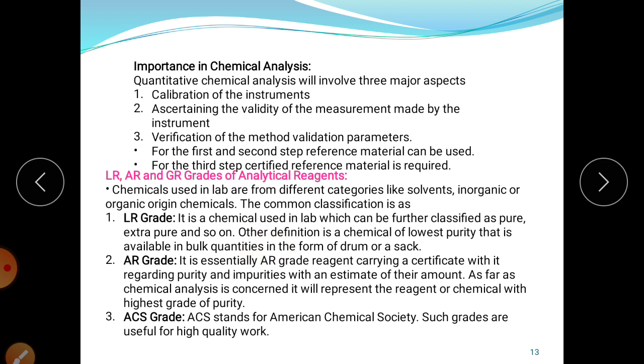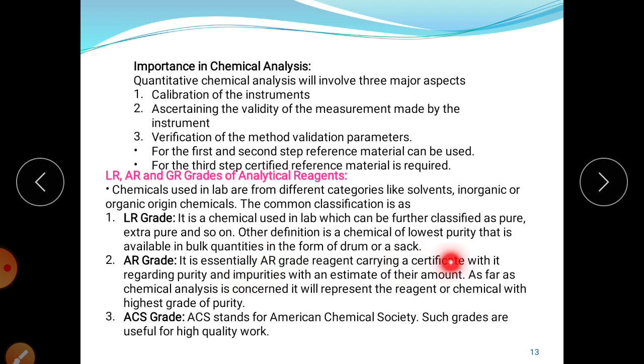Then the second grade is AR grade, often referred to as analytical reagent grade. The chemicals having this grade carry a certificate with them, a certificate regarding the purity and impurities with an estimate of their amount, meaning how much impurity is present.